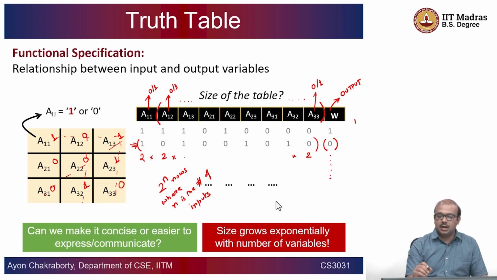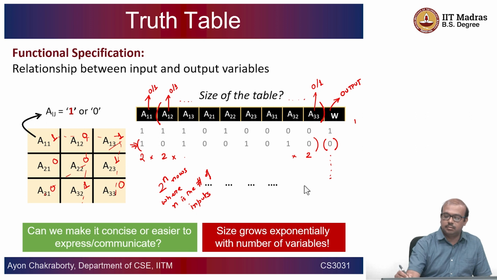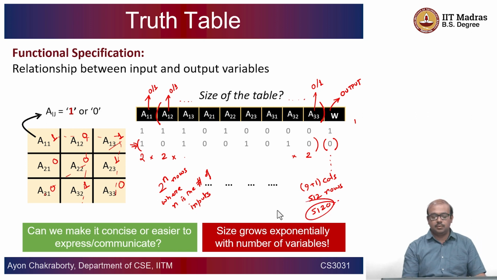You have 9 inputs and 1 output, so there are 10 columns and 512 rows. So we are dealing with 5120 bits, 9 plus 1 columns and 512 rows. This is a really large number of values that we are trying to deal with.